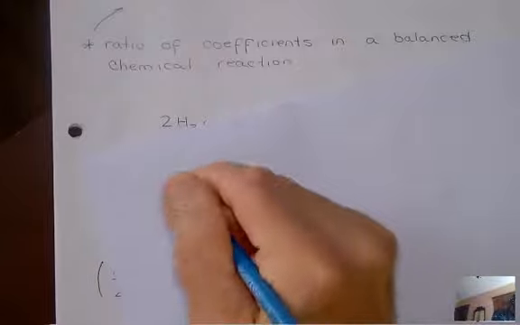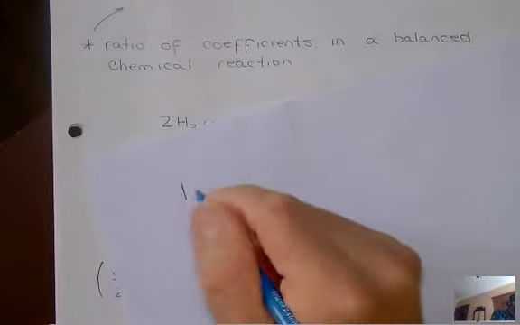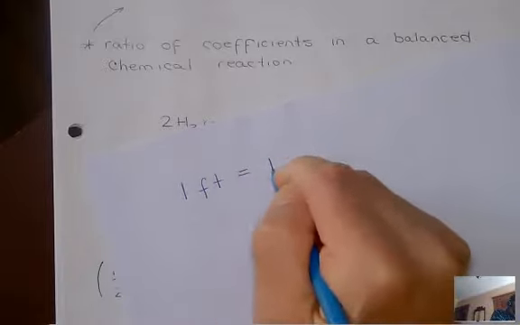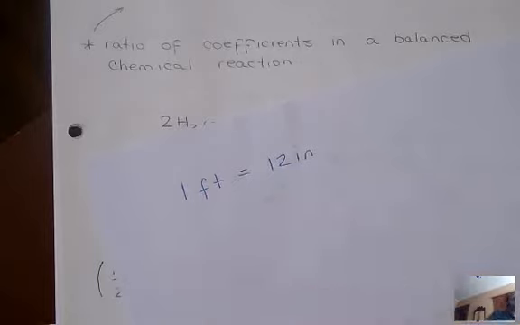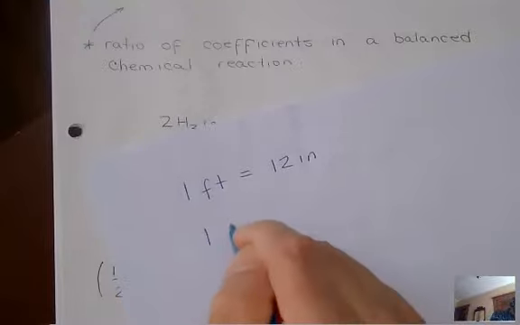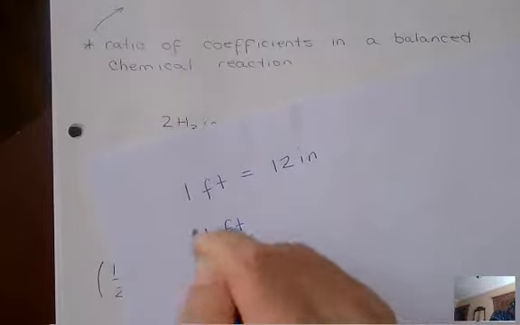So the very first day of the semester, we said we can relate different things that are equivalent to each other. So 1 foot is equal to 12 inches, right? So that's called a conversion factor. Well, if those 2 things are equal to each other, anytime I take something and divide it by itself, I get 1. So I can always stack these things up.